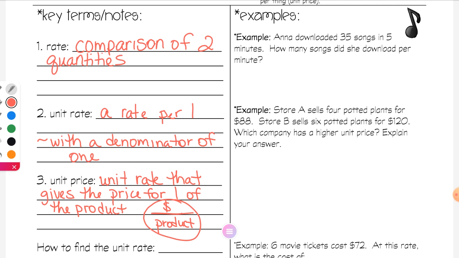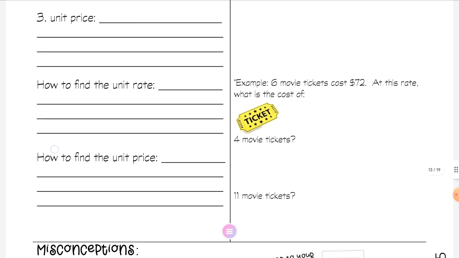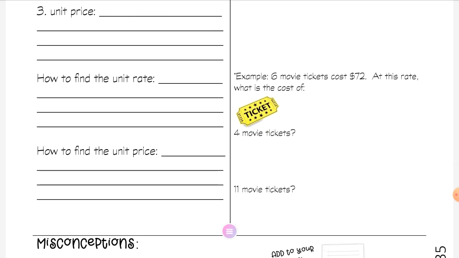So, how to find the unit rate? You set up the rate given. It'll have to give us information.